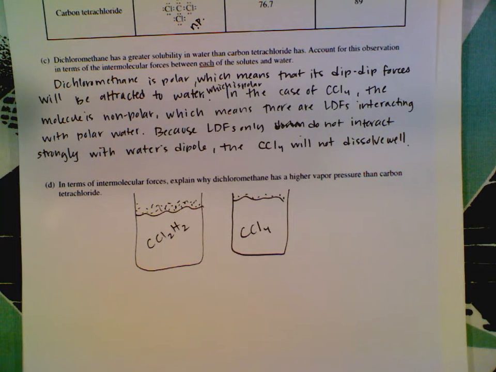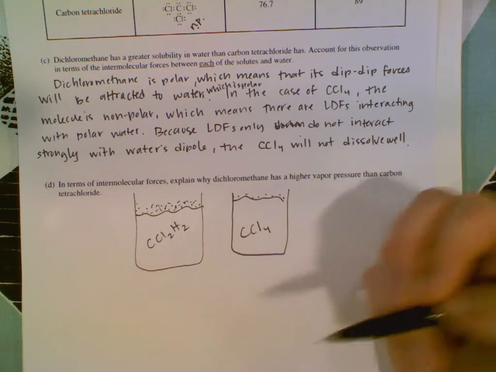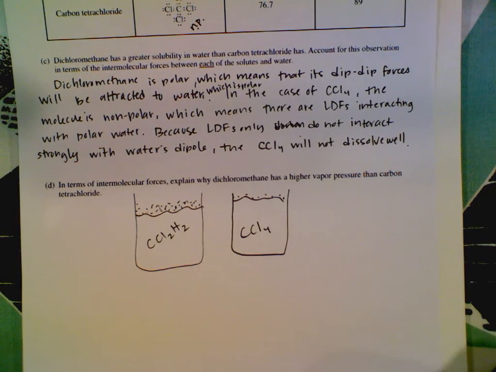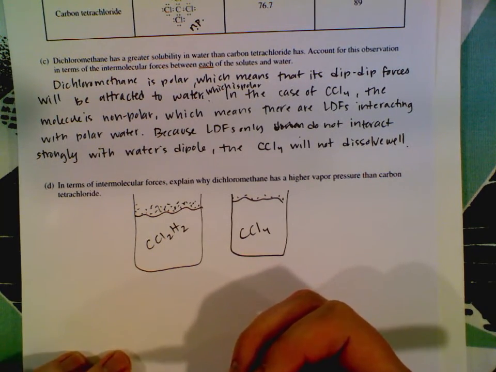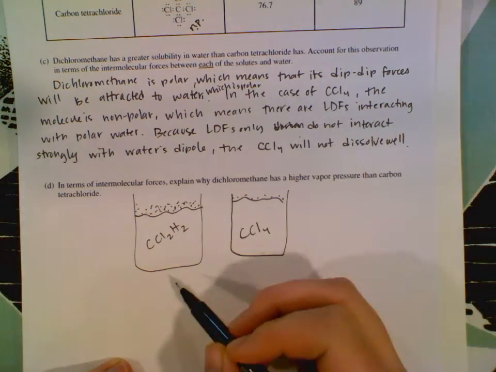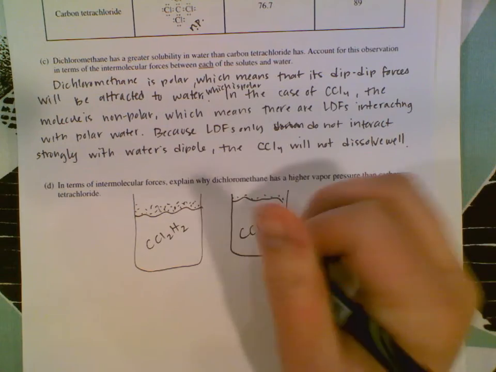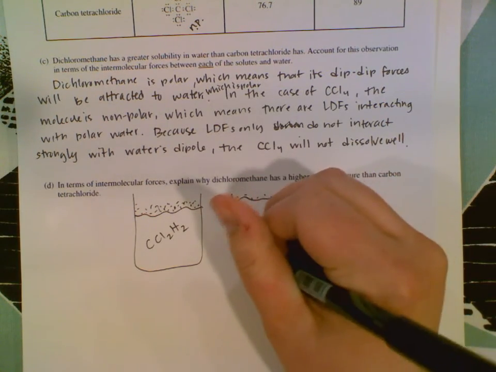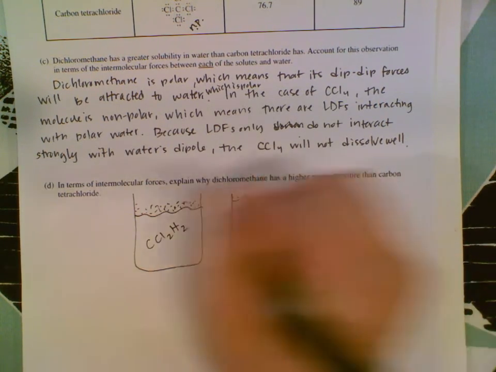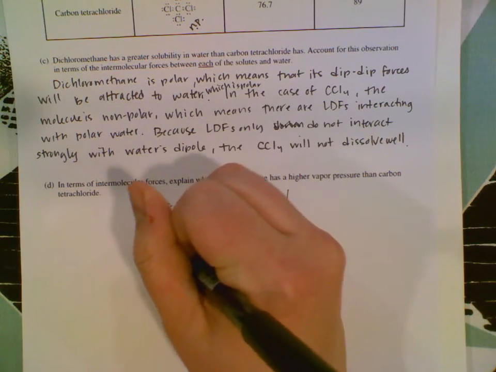Since CCl4 has a smaller vapor pressure, it means that less of this liquid is able to turn into a vapor, which means that it has stronger intermolecular forces. So what this vapor pressure is telling me, and the boiling point, is that the intermolecular forces in CCl4 are stronger than they are in the CCl2H2. So CCl2H2's are weaker. Okay.